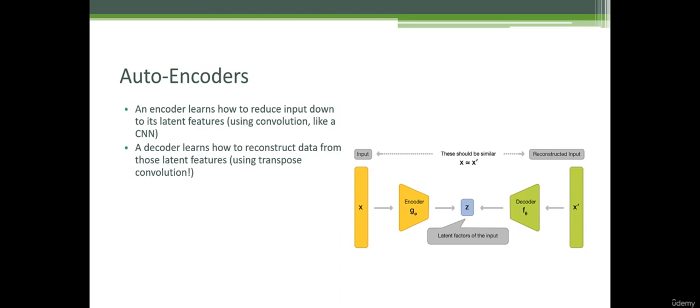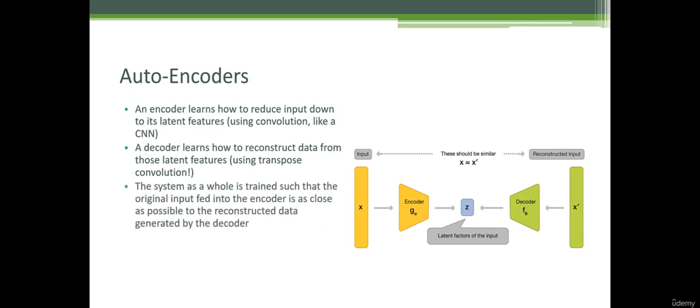While we're training this, the objective is to try to get the input and the reconstructed input to be as similar as possible. That's what we're trying to optimize for. So x should be about equal to x prime, where x is the original input images that we're training it on, and x prime are the generated reconstructed images based on those latent vectors that we've learned through the training process. Pretty interesting stuff.